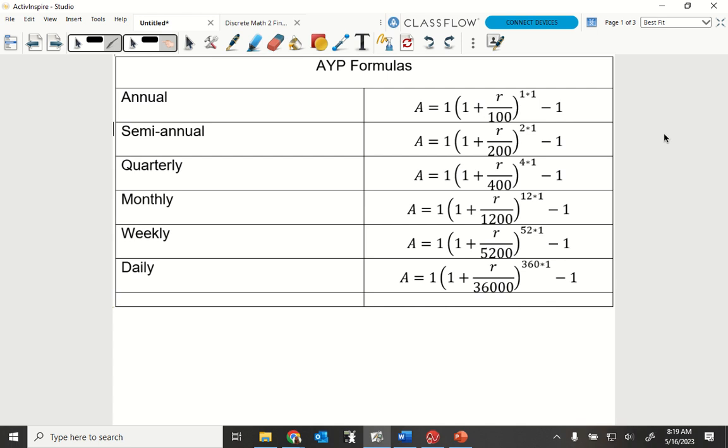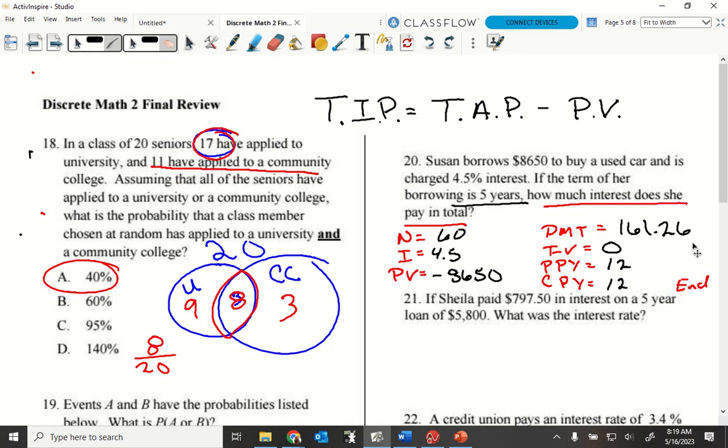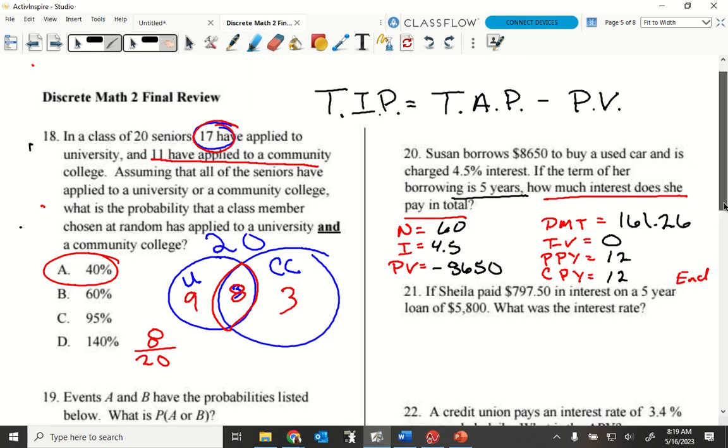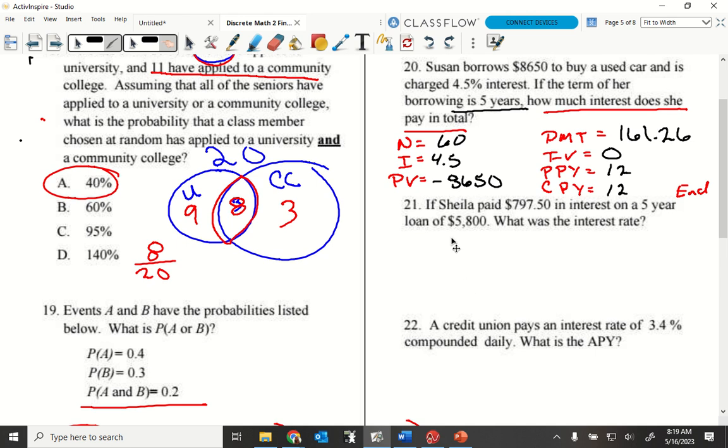So again, we're going to start on 22. And on 22, it gives us some formulas right here. Oh, wait, no, we were supposed to do 21. So we'll do 21 first. Sheila paid this amount of interest on a 5-year loan of $5,800. What is the interest?